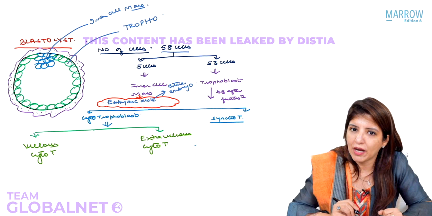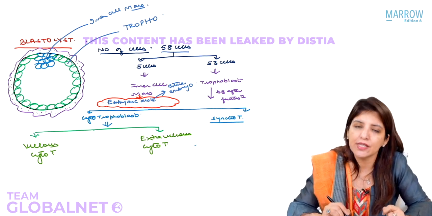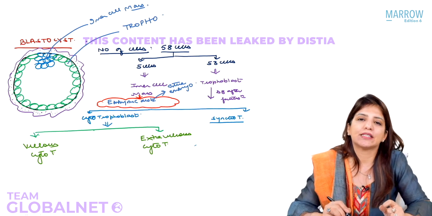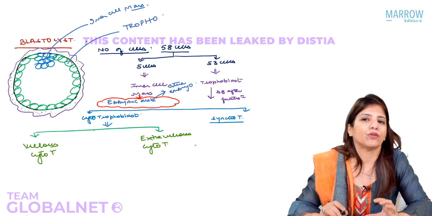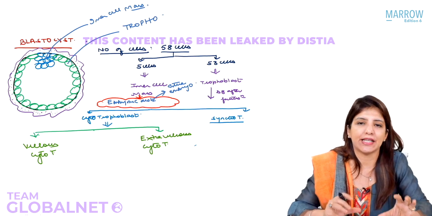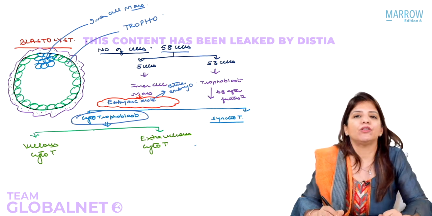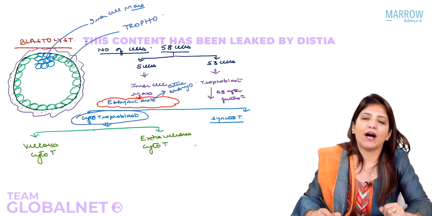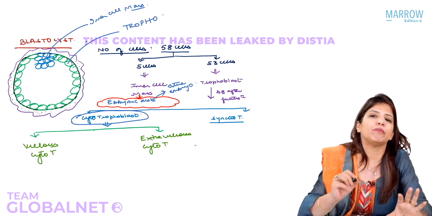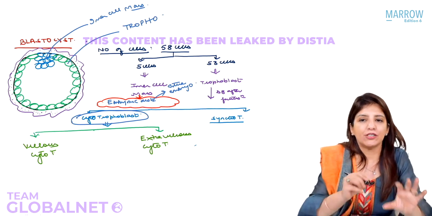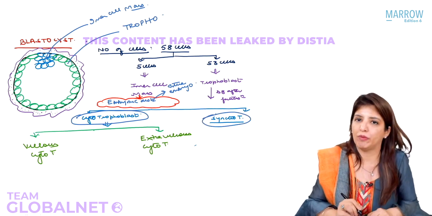Now, this trophoblast on day 8 after fertilization gets divided into two. The trophoblast which retains its cell boundaries is the cytotrophoblast. And there will be a layer of trophoblast which will not retain its cell boundaries. It will be like a multinucleated syncytium, and that will be syncytiotrophoblast.